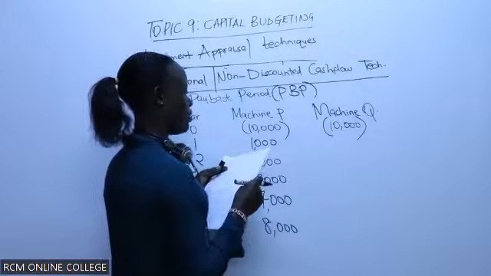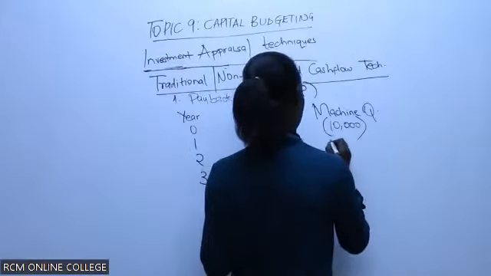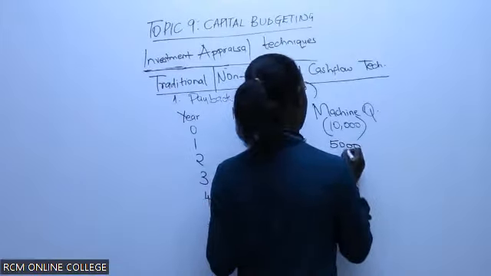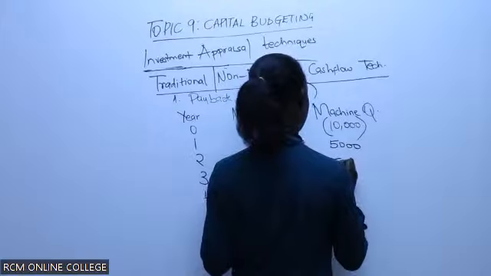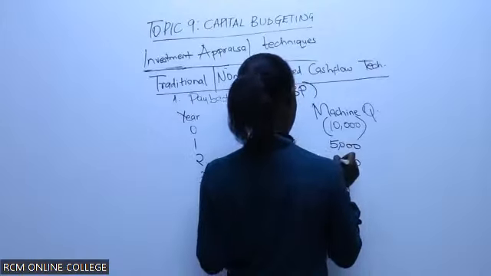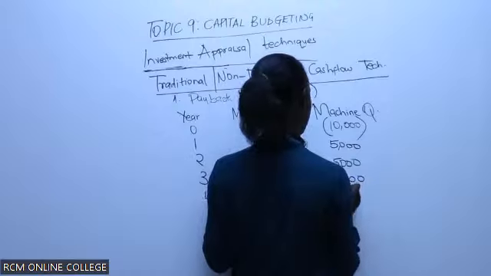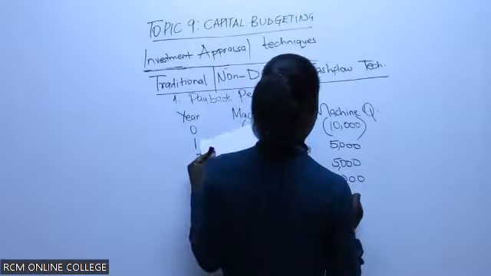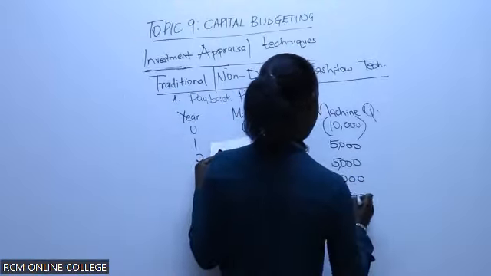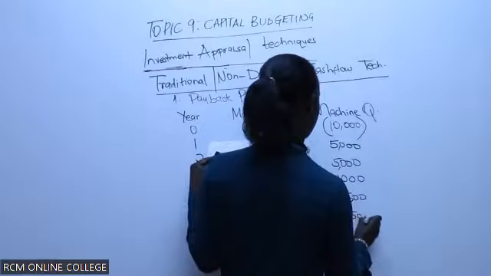Then for machine Q, we have 5,000. The second year is 5,000. Thirdly, we can talk of 1,000. We can also talk of 500. And finally, 500.